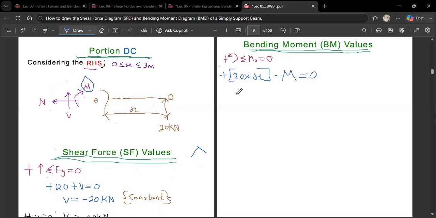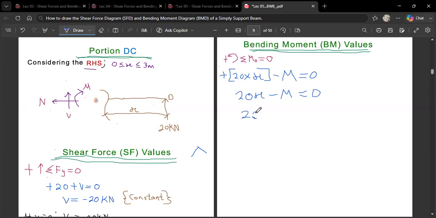So this is going to give us 20x minus M equals 0. If we make M the subject, we move the M to the right hand side.